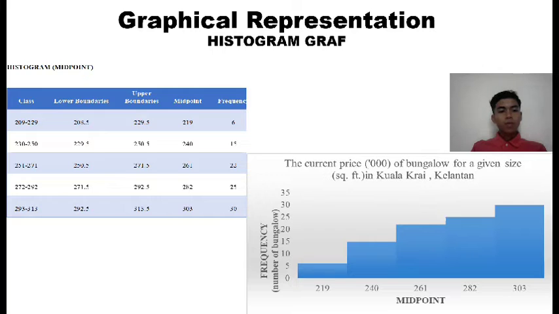Number 3, 251 to 271, the midpoint is 261. 272 to 292, the midpoint is 282. Lastly, 293 to 313, the midpoint is 303.